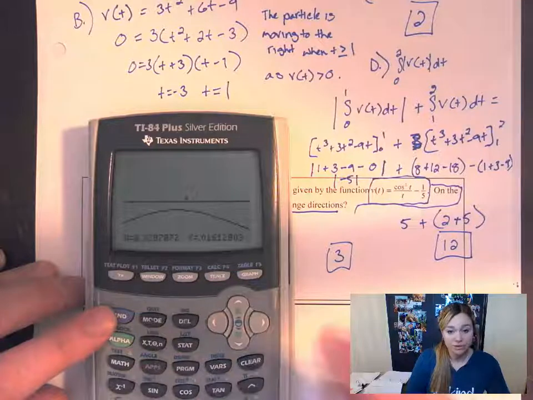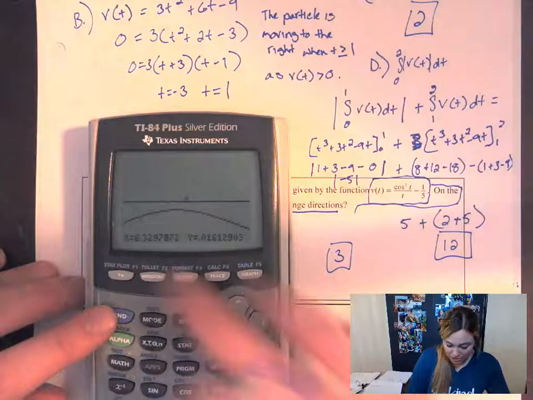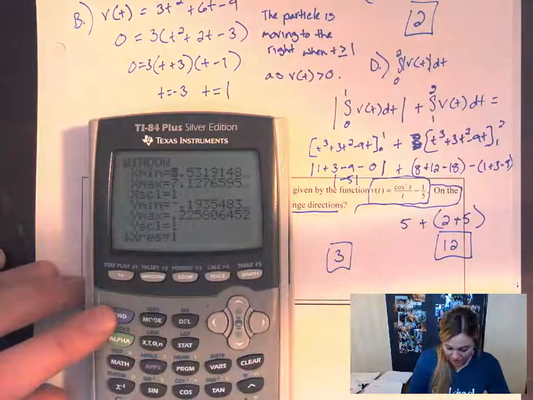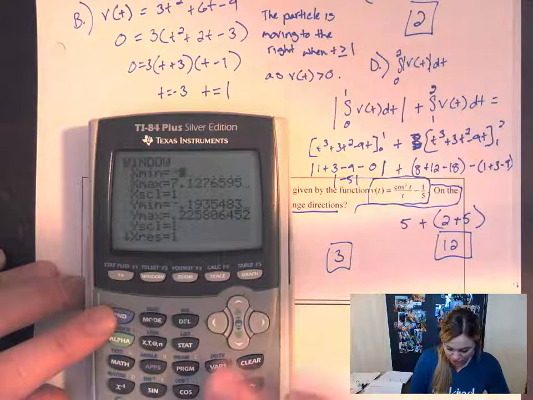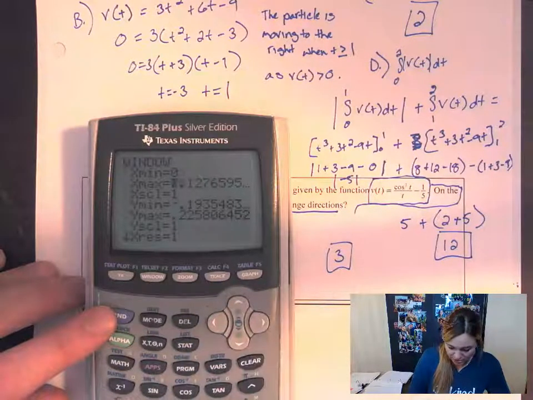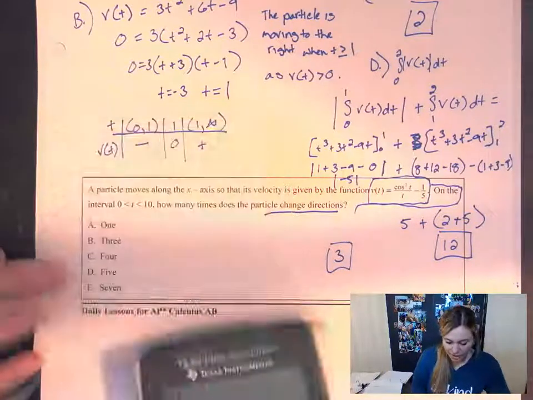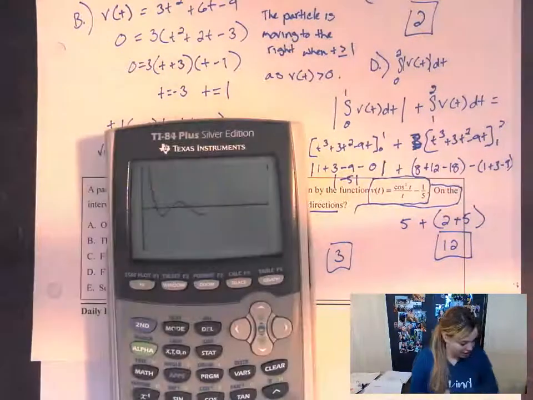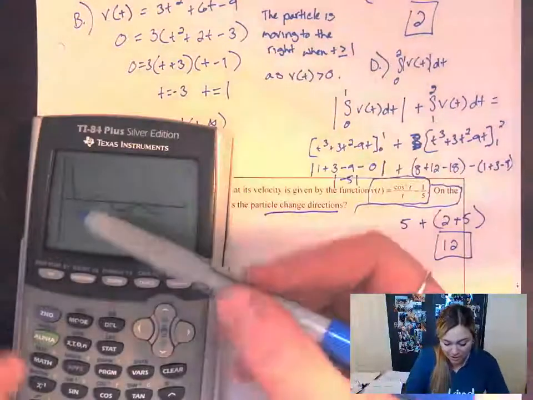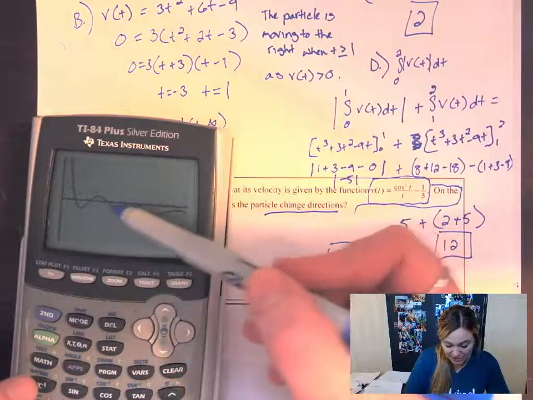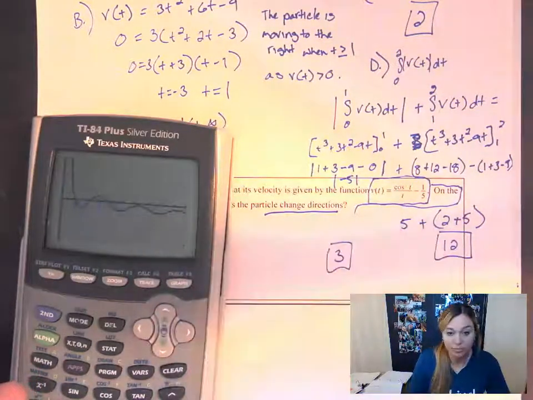Nope. So I'm good. So I can see that I went from 0 to 10, -1 to 1. I can see that this particle changes direction 3 times because the velocity changes signs in 3 places.